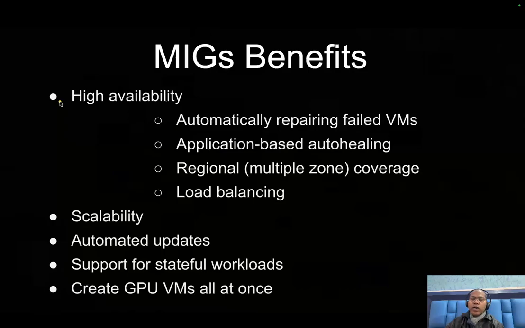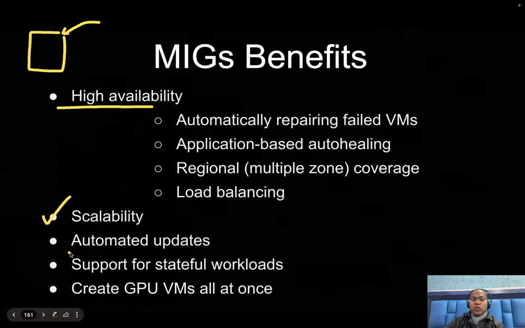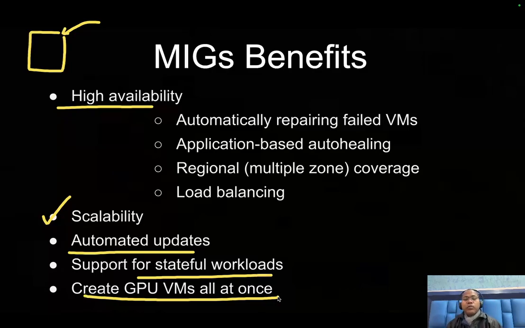Whenever you decide to deploy your application on Google Cloud and your application should be highly available, one good choice, if you deploy on virtual machines, is MIG, managed instance groups. You may also want applications to be highly scalable, with automatic updates, support for stateful workloads, and even GPU virtual machines where you need very specialized graphics processing units or memory, RAM, everything.